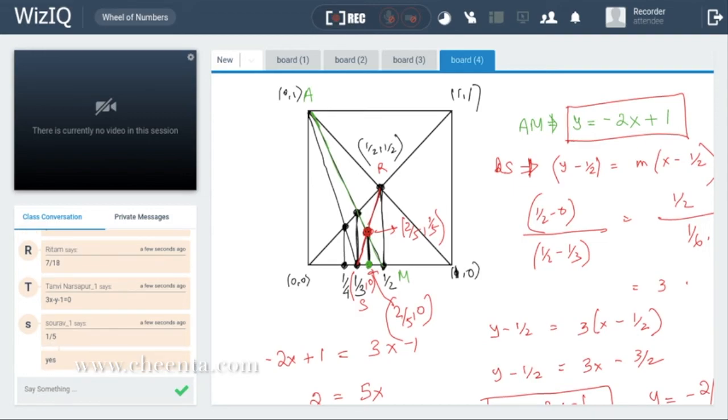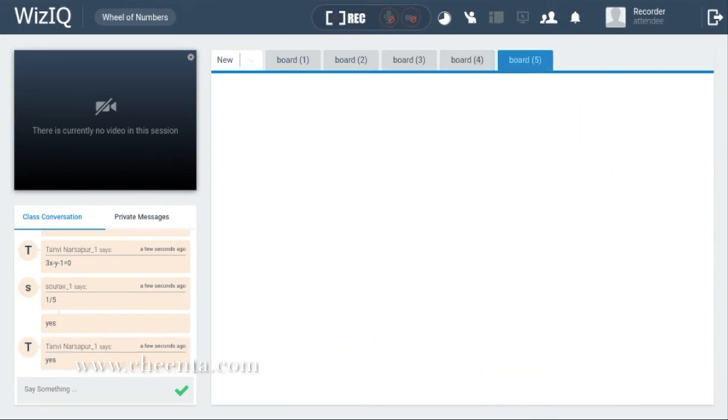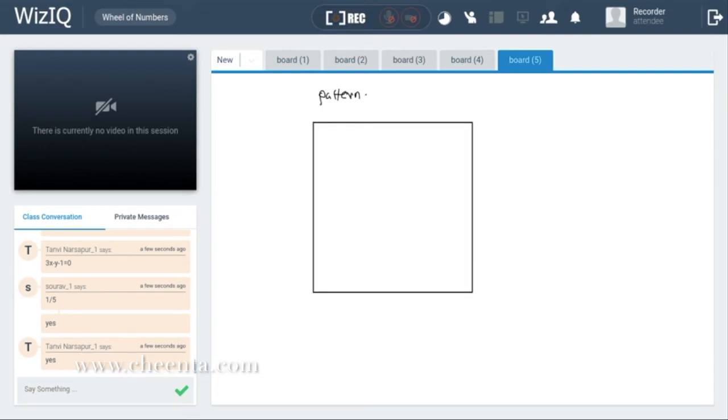Now there is an interesting pattern at play here. Recognize the pattern, I guess. You start with a square. Let's call it 0. This is 1.